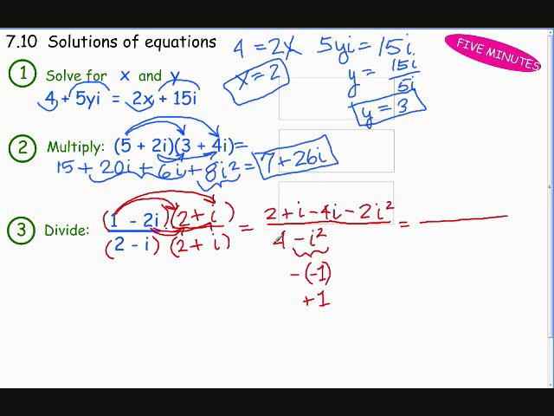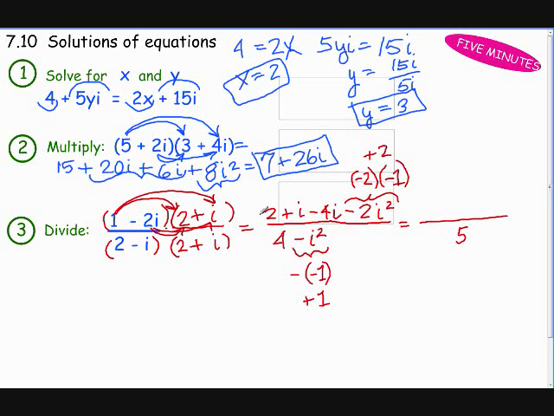When we add that to 4, we get 5. Over here, we've got a negative 2 times i squared, which is the same as negative 2 times negative 1, or a positive 2.